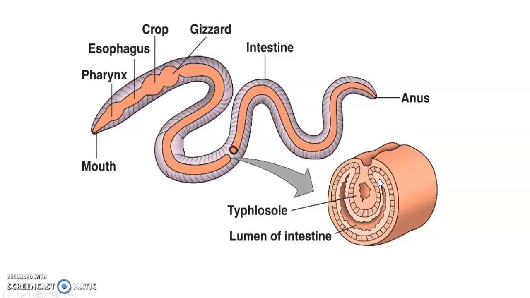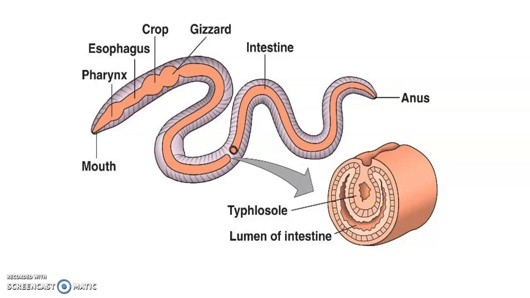What that's going to do is increase surface area for absorption. As the food travels down the length of the intestine, it's kind of a race, and the worm wants to absorb as much nutrient as possible.